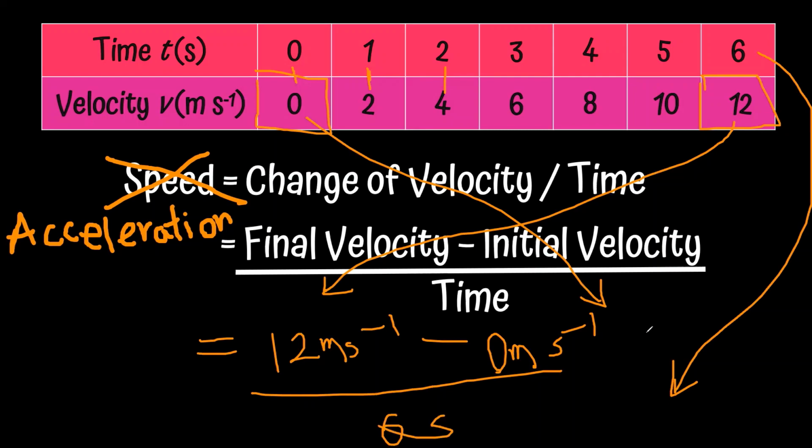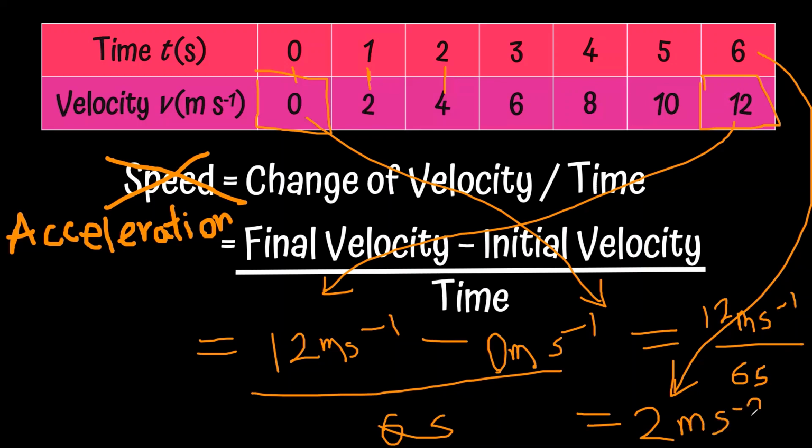If we divide 12 ms^-1 by 6, we get the answer 2 ms^-2, because the unit for acceleration is meters per square second, or ms^-2.